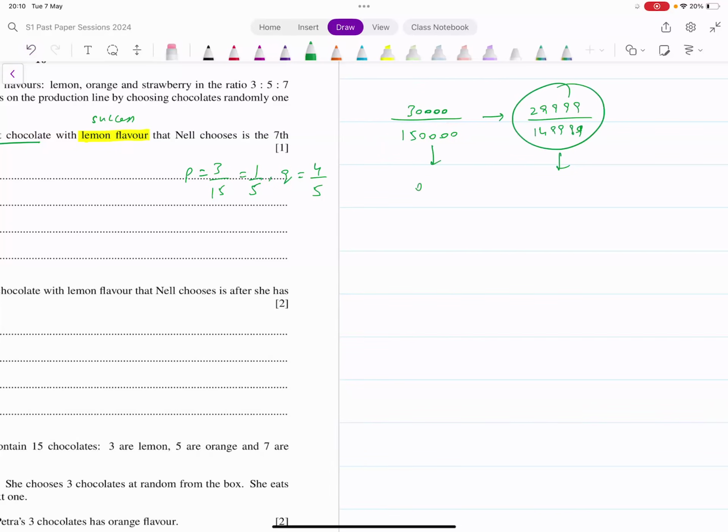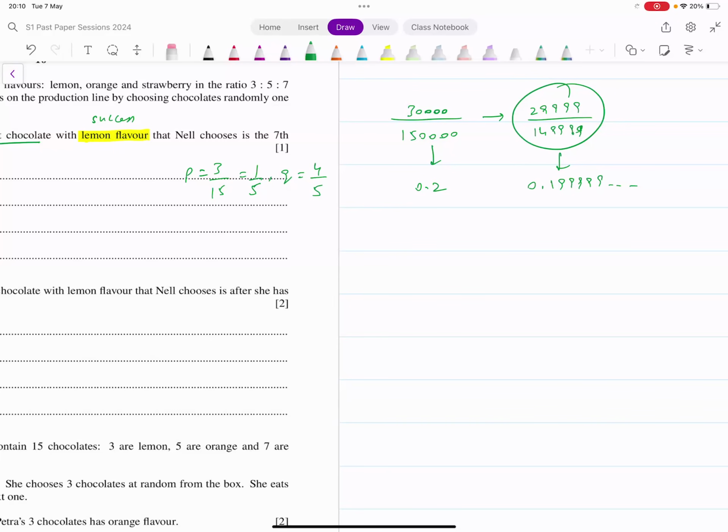The first was 0.2. This number is also still very close to 0.2, it will be 0.199999 something. The probabilities would not change by a significant amount. Because of that, we can assume that approximately the probabilities are remaining constant.